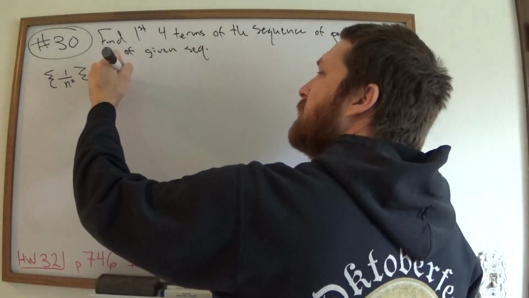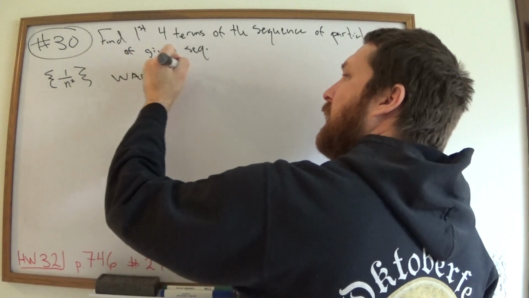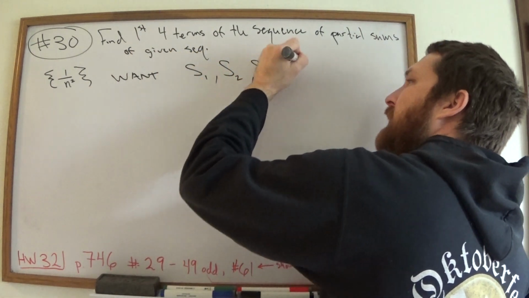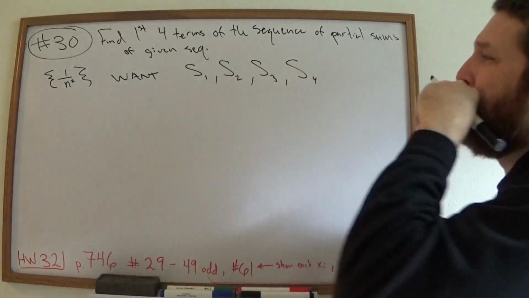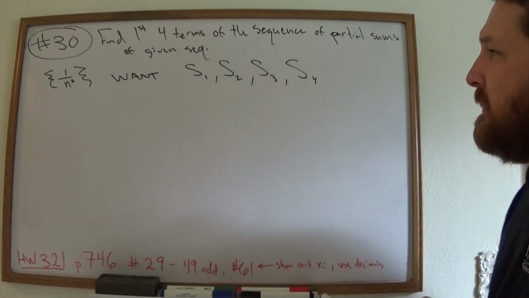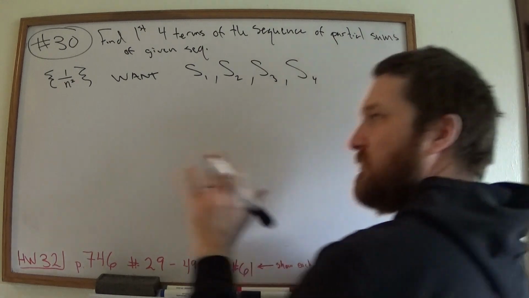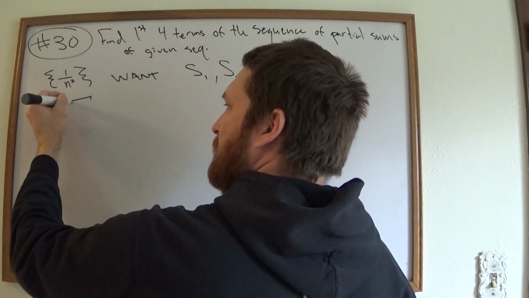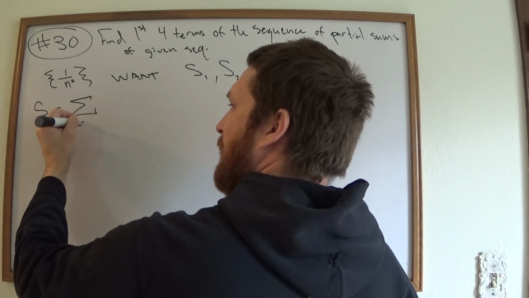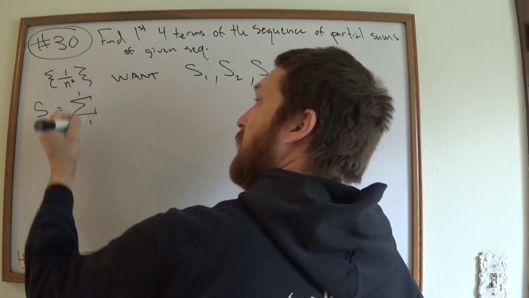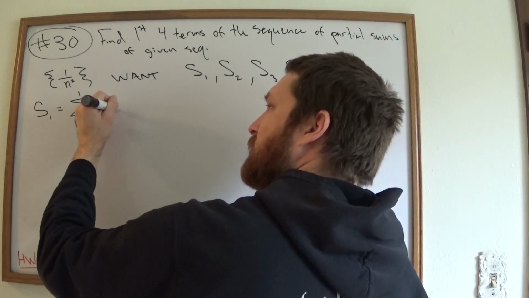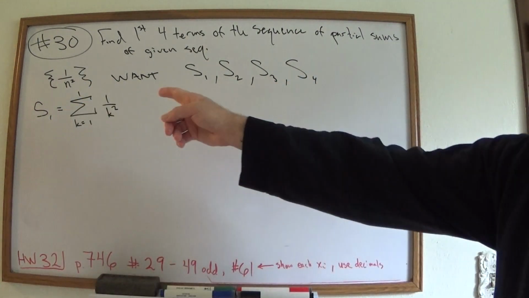And what we want is S1, S2, S3, and S4. So, okay, let's just do this. S1, by definition, is you just take, as k goes from 1 up to 1, of this thing, 1 over k squared. Ooh, notice what I did?